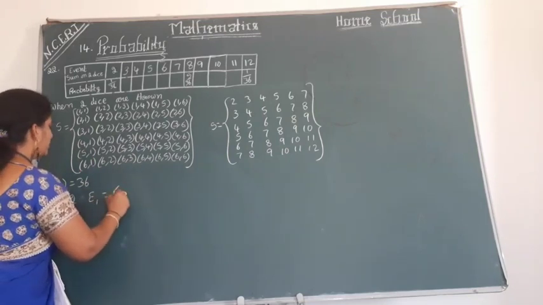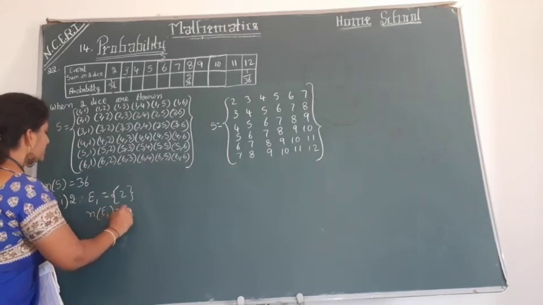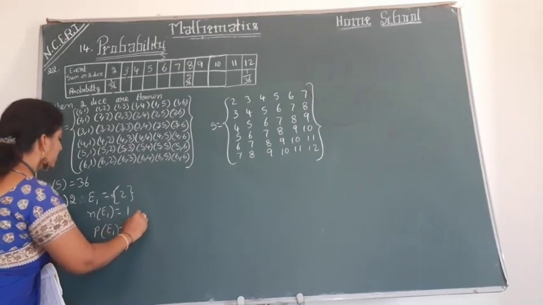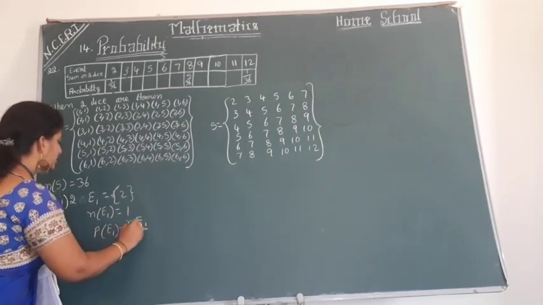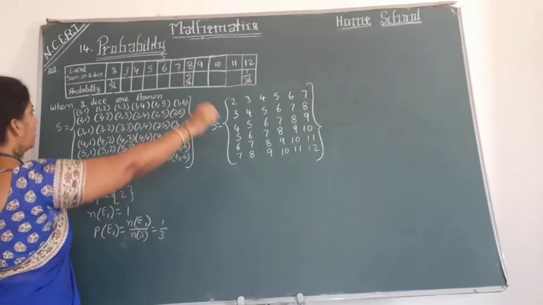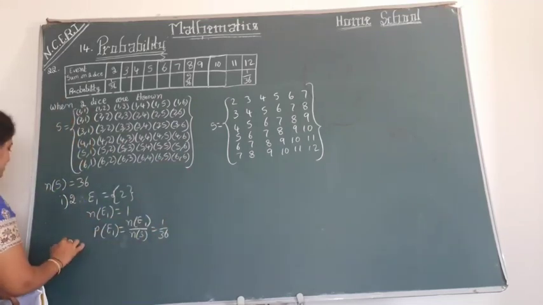Only at one place we got it, so n of E1 is equal to 1. The probability of this event occurring, P of E1, is equal to n of E1 by n of S. That will be 1 by 36.